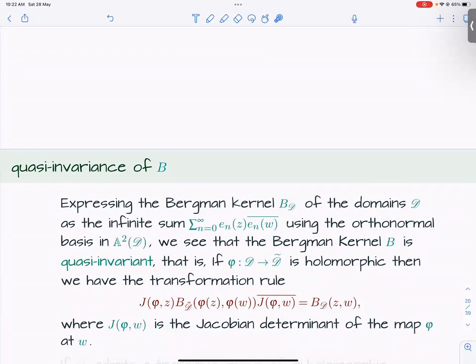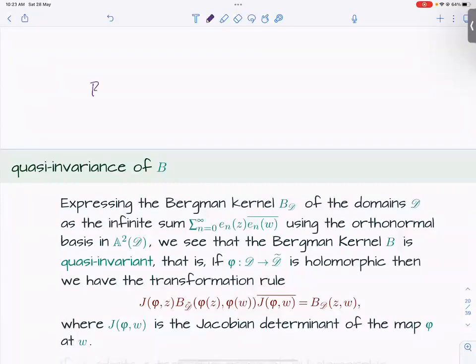So if you have an orthonormal basis, then the Bergman kernel looks like the summation En(z) En(w) bar. There is one little thing that I have to say, which I did not before.